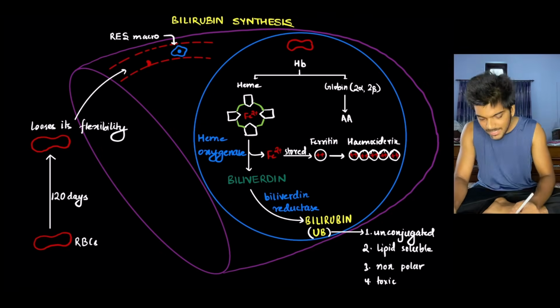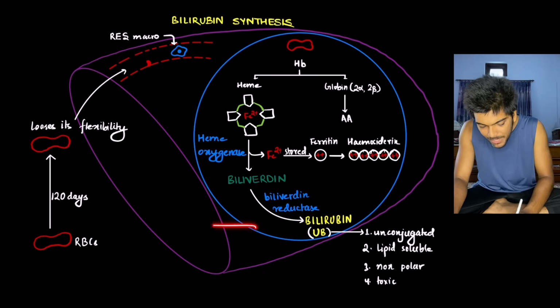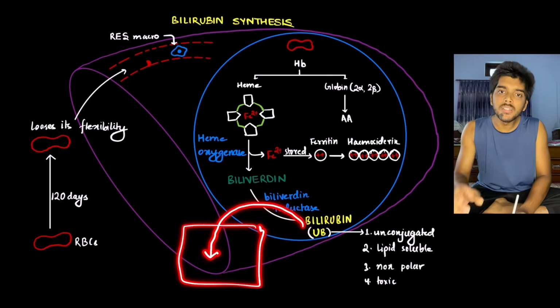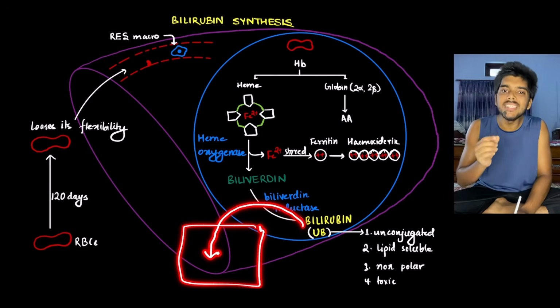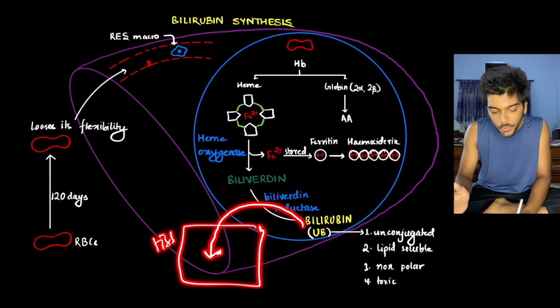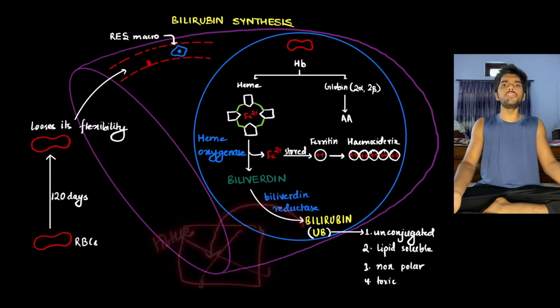Number one, since unconjugated bilirubin is lipid soluble, it can easily enter inside tissue because lipid soluble substances can easily penetrate through the plasma membrane. So the unconjugated lipid soluble bilirubin can easily enter inside tissue. Second, since it is toxic, once it enters inside the tissue, it will destroy the tissue.